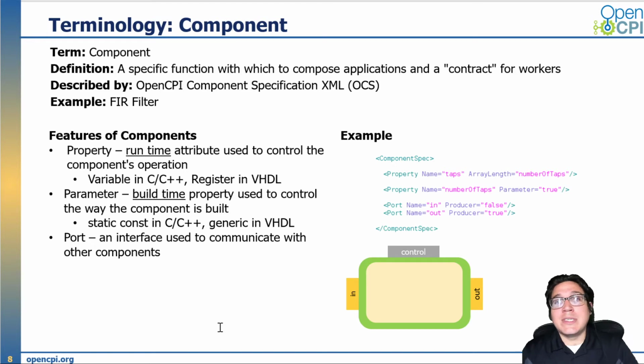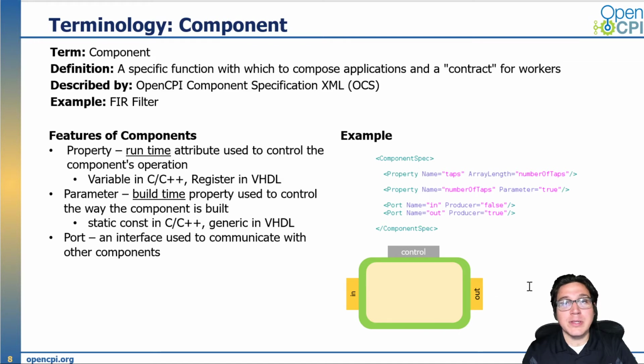So the component in OpenCPI is XML driven, so there's going to be an XML document for pretty much every element, and it's described by the OpenCPI component specification, and the component specification is a contract. There's no implementation behind it. You specify its inputs and the outputs and any of the configurable parameters or properties for the component.